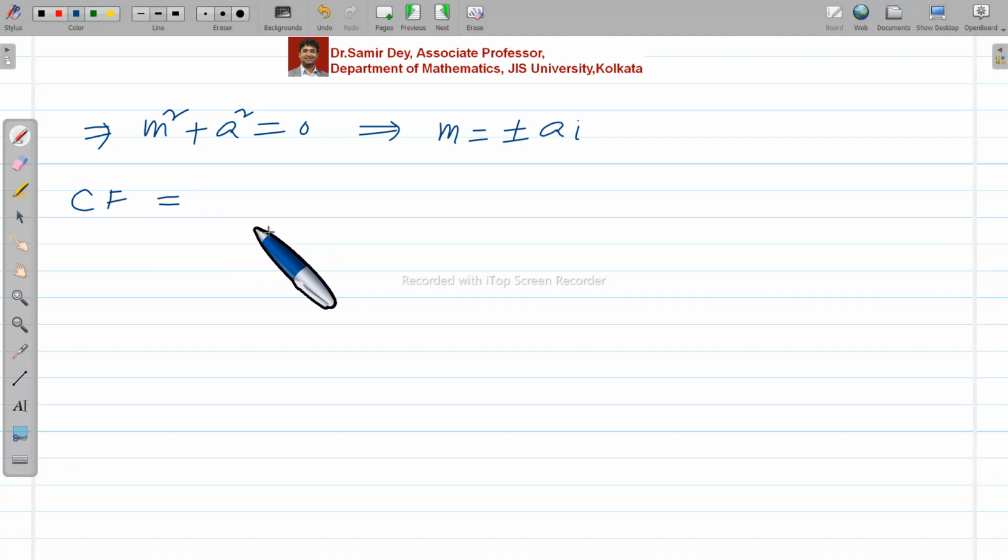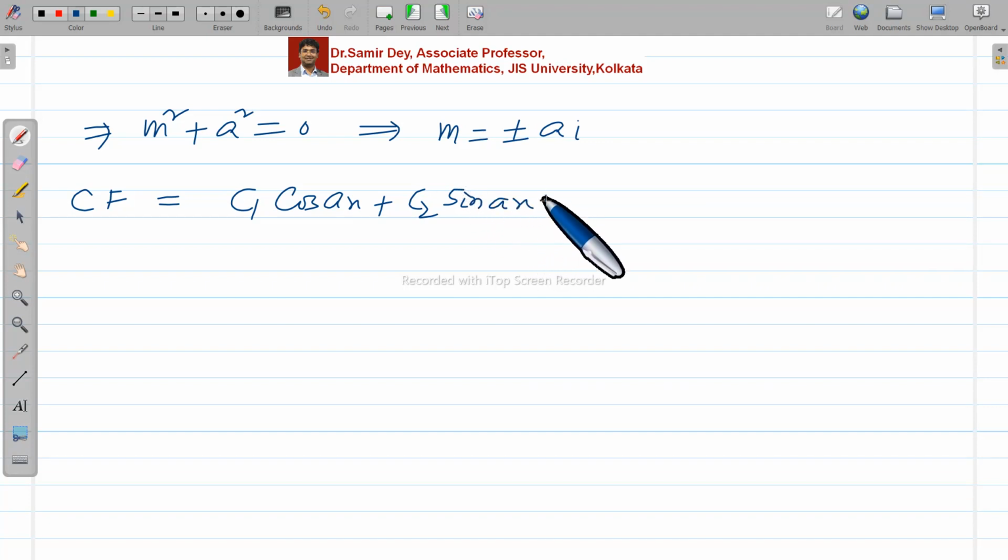CF will be C1 cos ax + C2 sin ax. Now I think it is clear to everyone, where C1 and C2 are arbitrary constants.